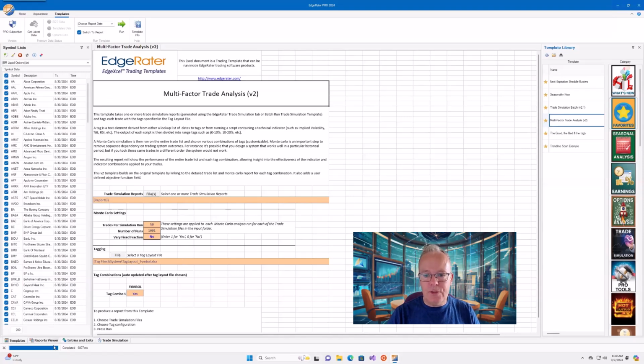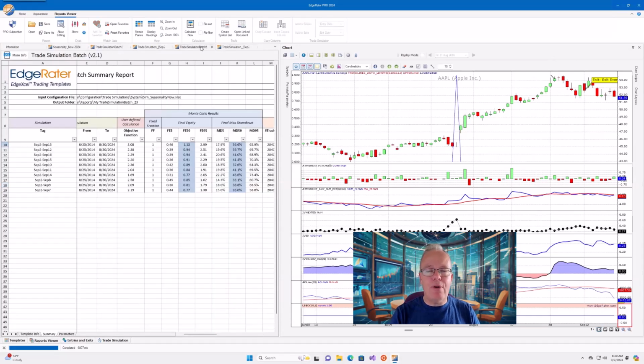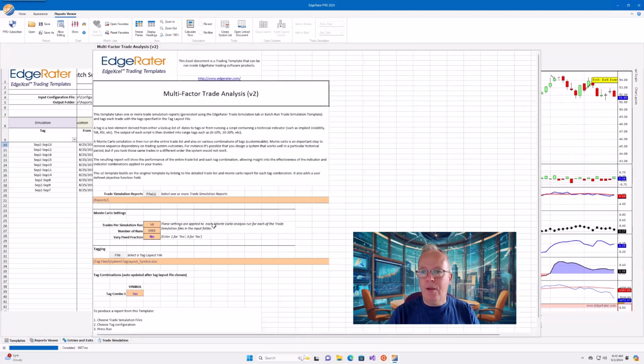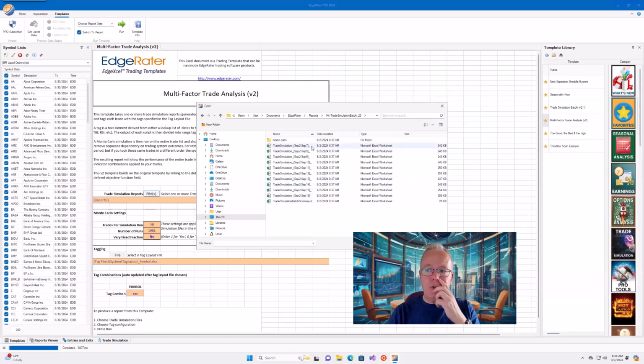First of all, let's go back to the report viewer and find out when we ran the trade simulation, it output all of this information into a folder called my trade simulation batch underscore 23. I need to know that because I need to select it from here, batch 23. Then I can choose to either select all of those dates or just one of those dates, depending on what I want to do, because it might take a little while.